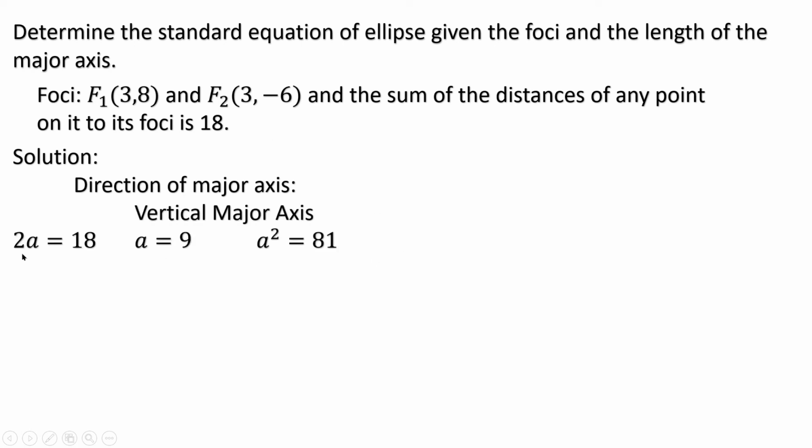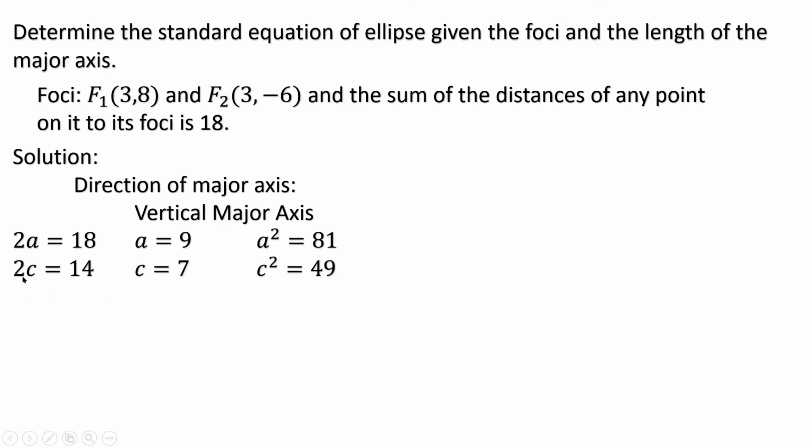So the length of our major axis, 2a, is equal to 18. Then a is equal to 9, and a squared is equal to 81.